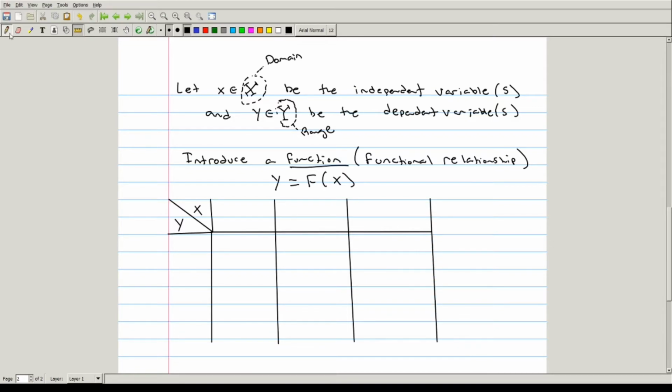So if the domain is a scalar or an order 0 tensor, the domain variables could be a vector, which means it's a set of values.